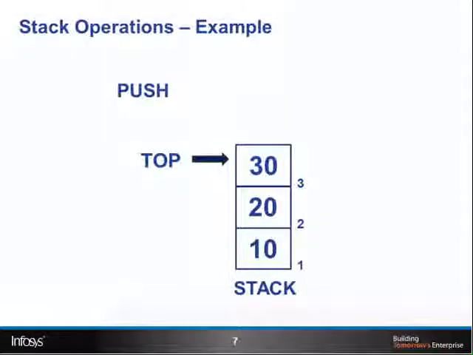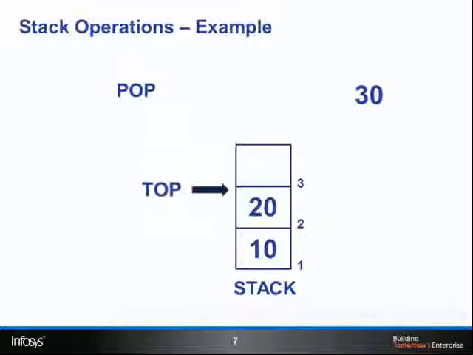What if we apply the peek operation at this time? Certainly, it gives us the value 30, but will not remove it from the stack and also will not change the position of the top of the stack. Now let us apply the pop operation. It will not only remove the top element 30, but also change the position of top from third to second.